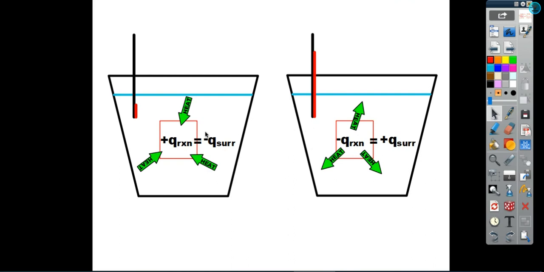And so I often have to think about this in both directions to decide which makes sense. But if you think about the temperature probe as being in the surroundings and the reaction itself is kind of in the middle of your calorimeter, although not exactly true, you can hopefully better understand what's going on with the direction of heat.